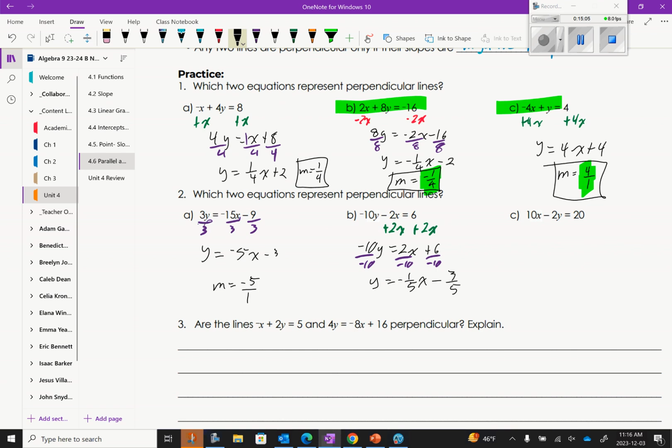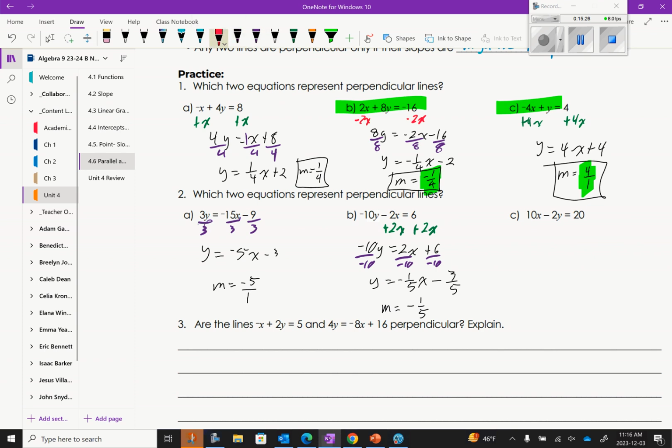But if we're looking for either parallel or perpendicular lines, we don't care too much about the y-intercept. It's the slope that we need. Oh, that's not going to work. A and B are both negative. Let's see if equation C is perpendicular to anything.